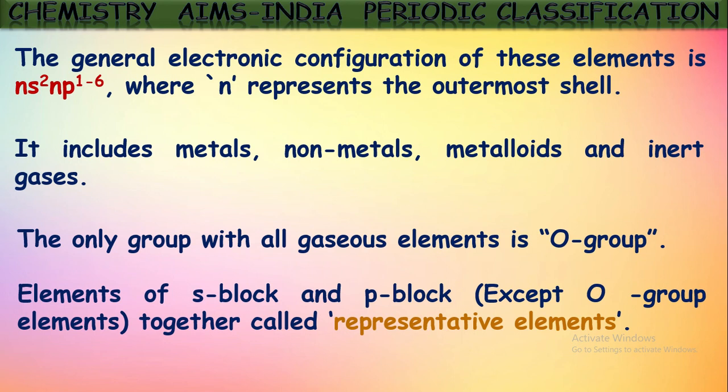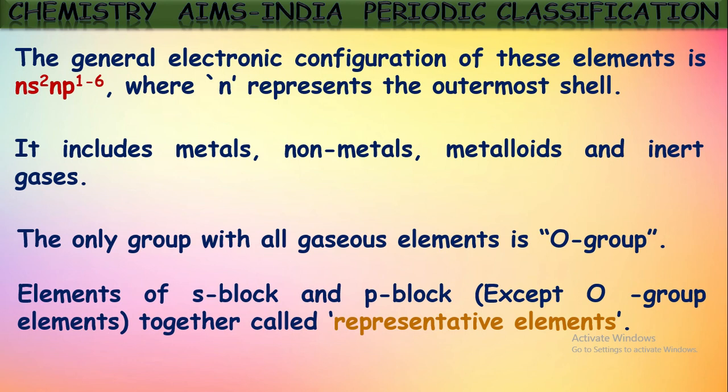Elements of S block and P block except zero group elements are together called representative elements, because in the S block and P block, elements are having incompleteness in their valence shell except noble gases. Of course, noble gases are having completely filled outermost shell, but except noble gases, the remaining elements present in the S block and P block are having incompleteness in their valence shell.